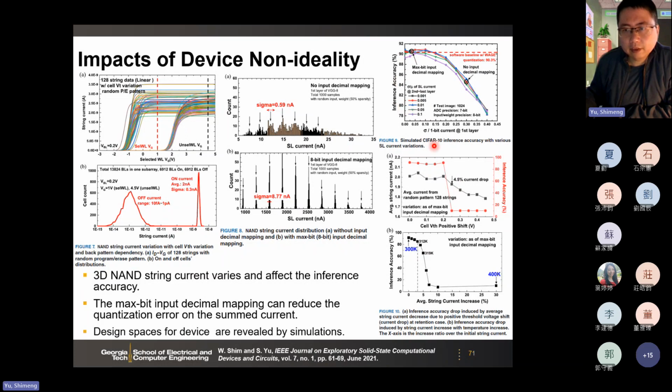For example, on the CIFAR-10 dataset as a function of the sigma of those distributions. Then we have to use some redundancy in the input, and then we can still get good accuracy. So there are some tricks to make this work. Again, we have to deal with the device non-ideal effects.